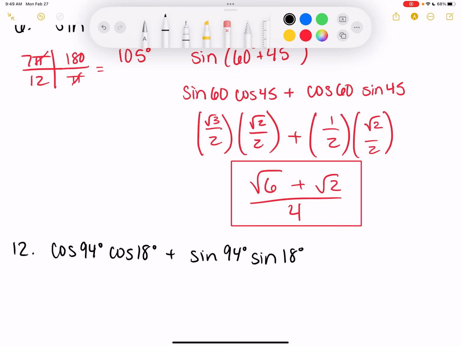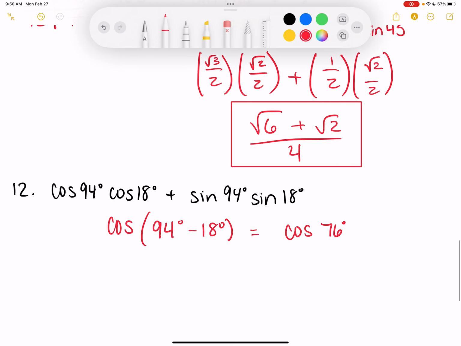Well, this is obviously cosine of 94 minus 18. So this is the formula for cosine. If it's plus, then that means it's minus inside. So 94 minus 18, which is 76.